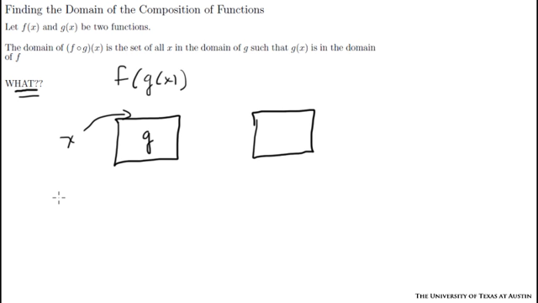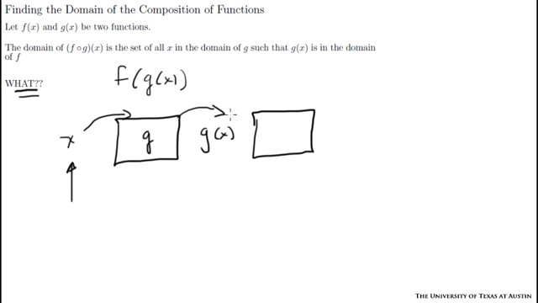This is our starting point. In order to proceed, x has to first and foremost be in the domain of g. We can't even get it into g if it's not in the domain of g. What comes out of the g box are our g of x values. So x goes in, g does its thing, and out shoots g of x.